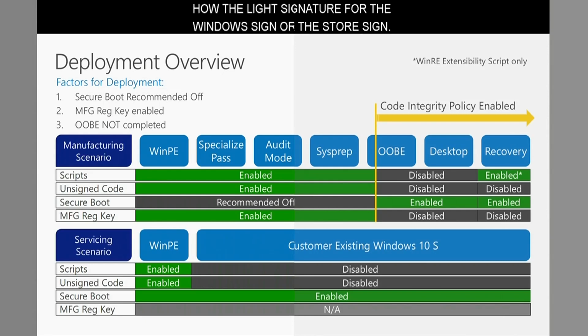Once the code integrity policy is enabled, unsigned code and scripts don't work, so we ask you to turn secure boot on and disable the manufacturing registry key. Basically, remove the manufacturing registry key because it is only for manufacturing.